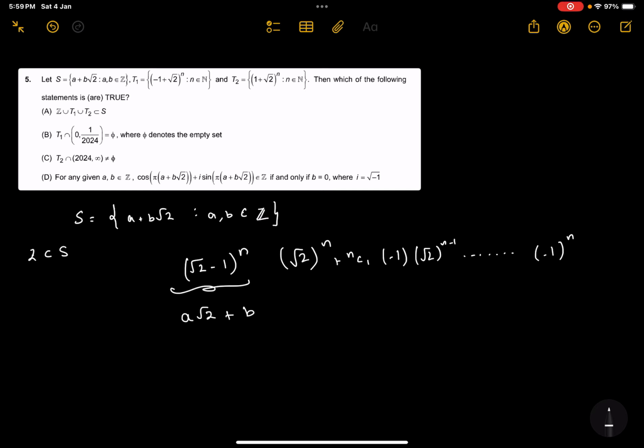So clearly all the terms would either be of the form a1 root 2 or b1. So adding all of them, we will have only this form of terms. So T1 is also a subset of S, and T2 is just replace minus by plus. So again clearly it would be of the form a root 2 plus b. So option A is correct.